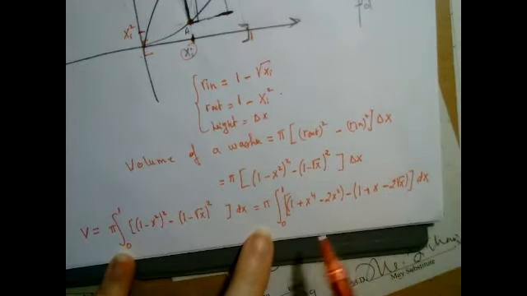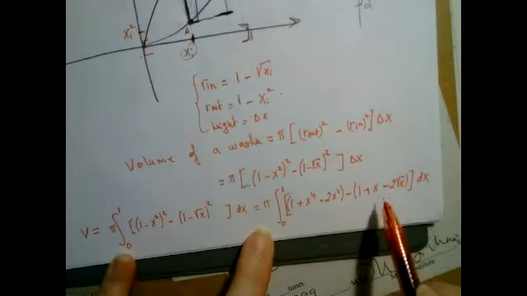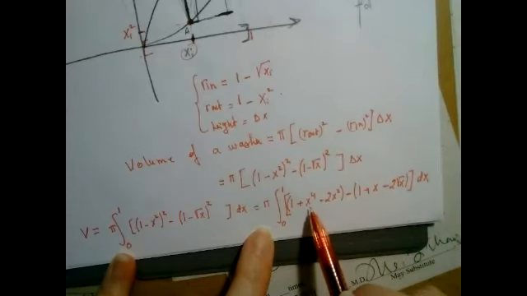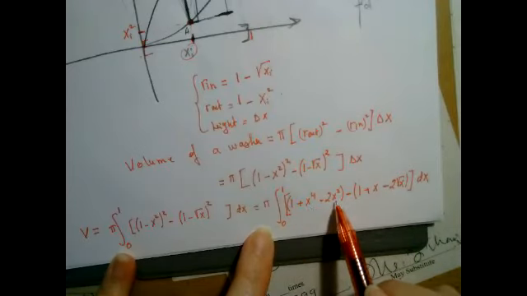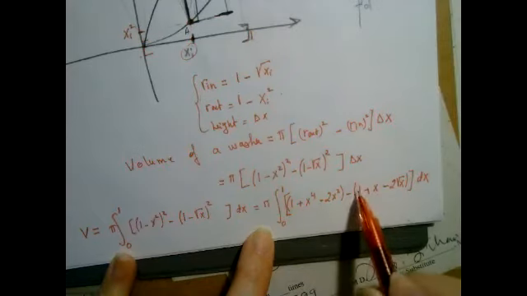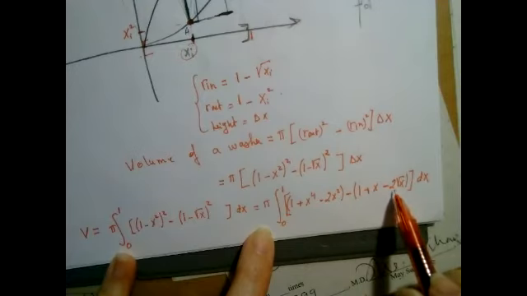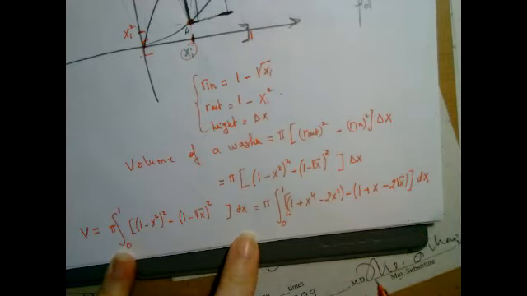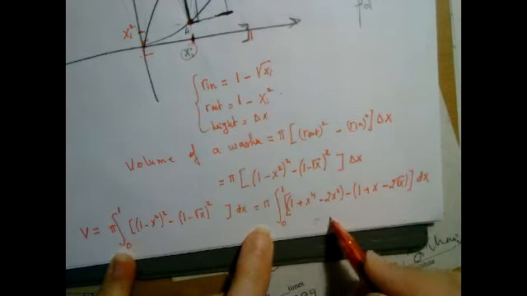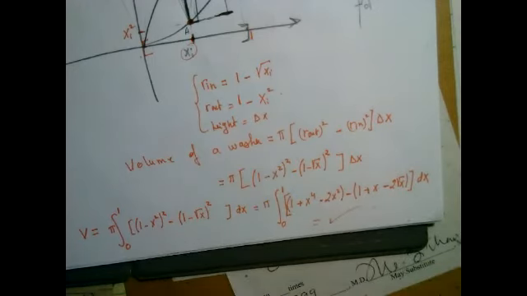Okay, and the rest, I think it's simple. None of those pieces is hard to integrate. x to the 4th is 1/5 x to the 5th, x squared is 1/3 x cubed. 1 will, in this particular problem, also cancel out. This is half x squared, and this, we've done it a million times, should be 4/3 x to the power 3/2. So the rest, I will let you finish it.